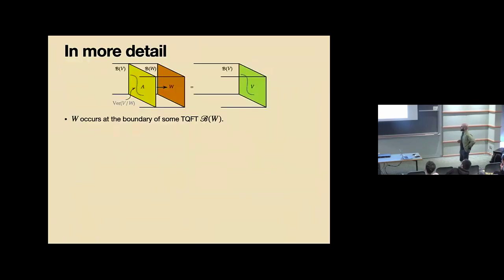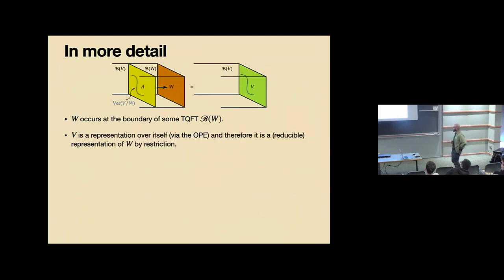Okay, so in slightly more detail, as I said, W is a rational chiral algebra itself, so it appears on the boundary of some bulk TQFT. V is a representation over itself simply because it acts on itself via the OPE.